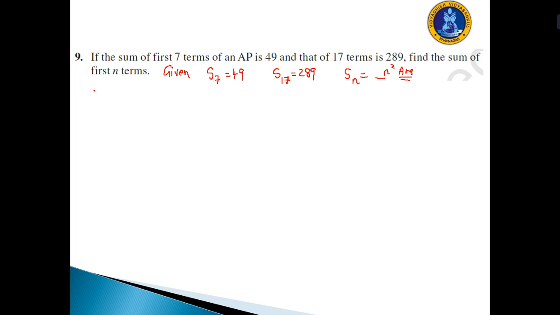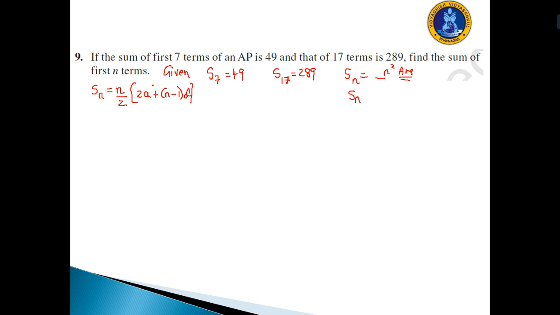So first of all, again I have to write the formula Sn, n by 2 into 2a plus n minus 1 d. Now what I have to find out are a and d, because we have to put a and d in Sn.